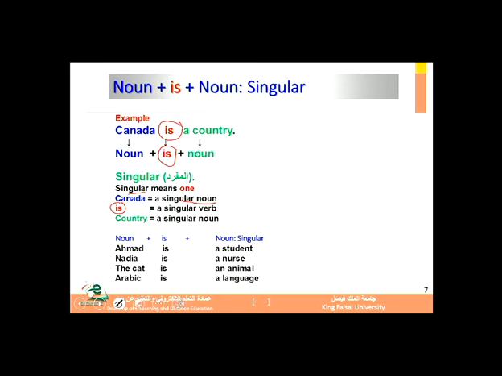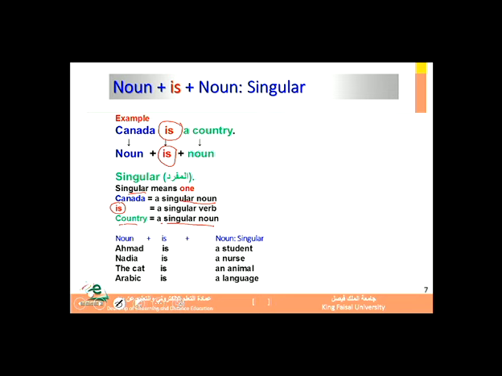Again, if you look at the word country, it is also a singular noun. So these are another set of examples for this structure: noun followed by verb to be followed by a noun. The noun and the verb should also agree with one another. Singular noun, singular verb. Plural noun, plural verb. Ahmed is a student. Nadia is a nurse. The cat is an animal.